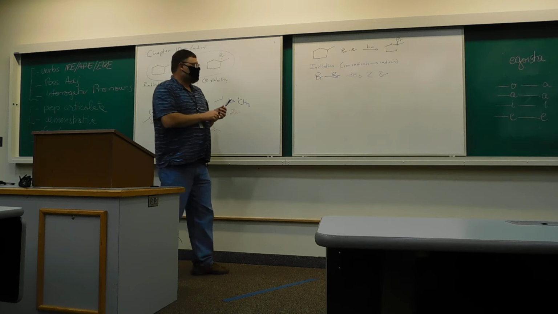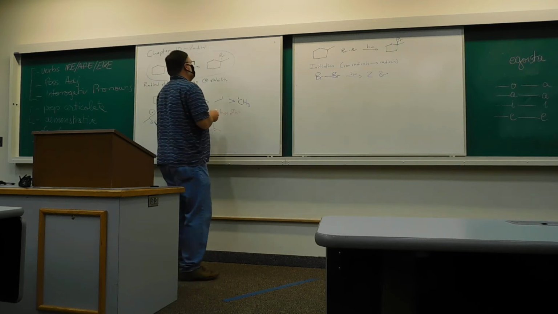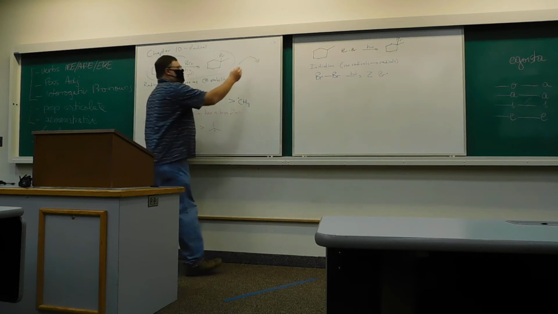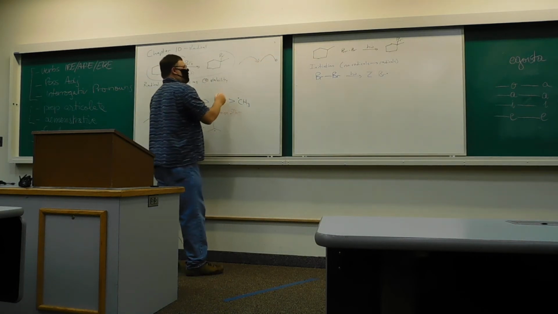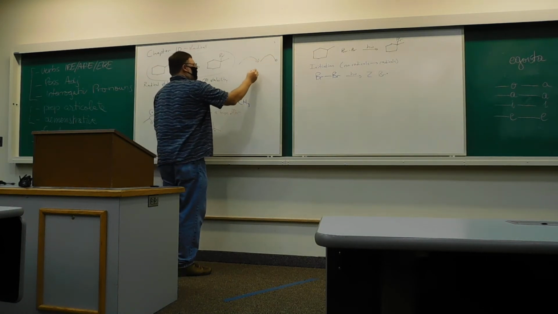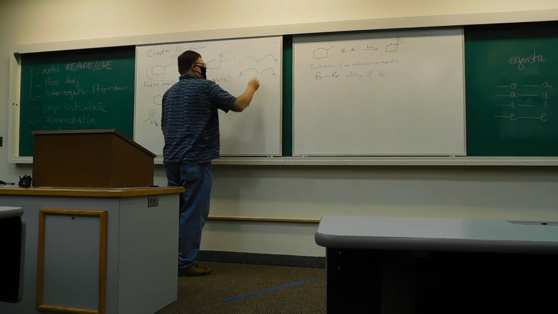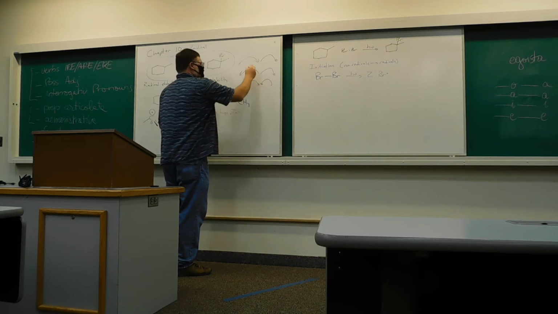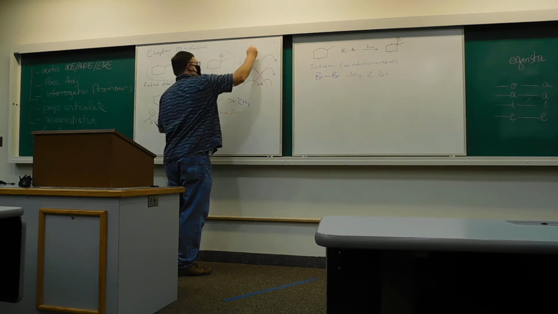Right? So in an ionic mechanism, you get an arrow like that. And they should be in sequence, right? It's a circuit. You don't ever want to have this or this. So this is for ionic mechanisms.